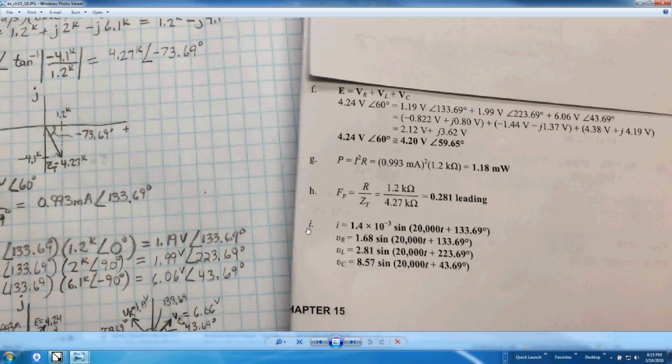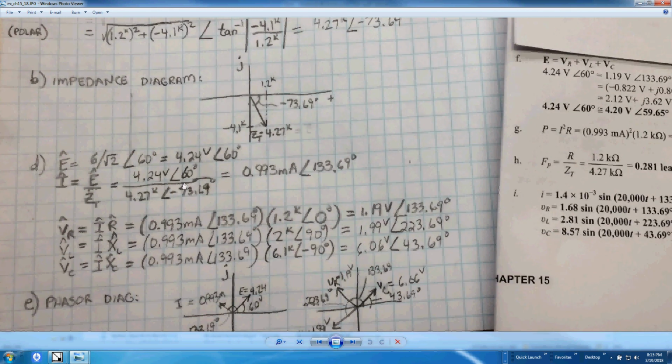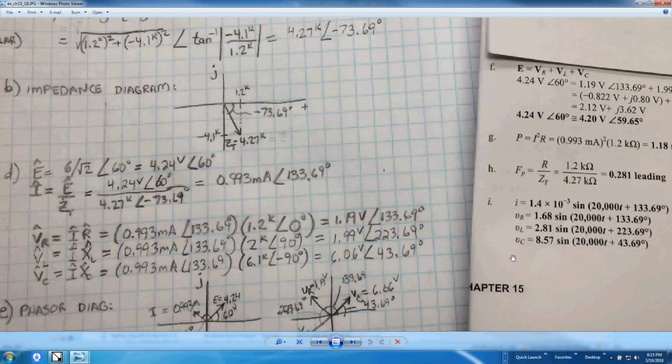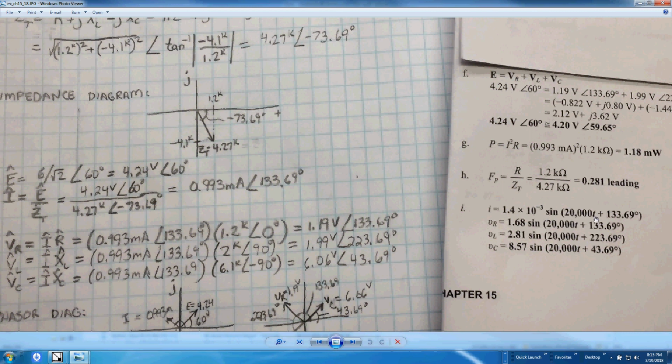And then I is equal to the value of I here, 0.993 times the square root of 2, which is 1.4 times 10 to the negative 3, sine of 20,000 t plus its phase angle, 133.69.